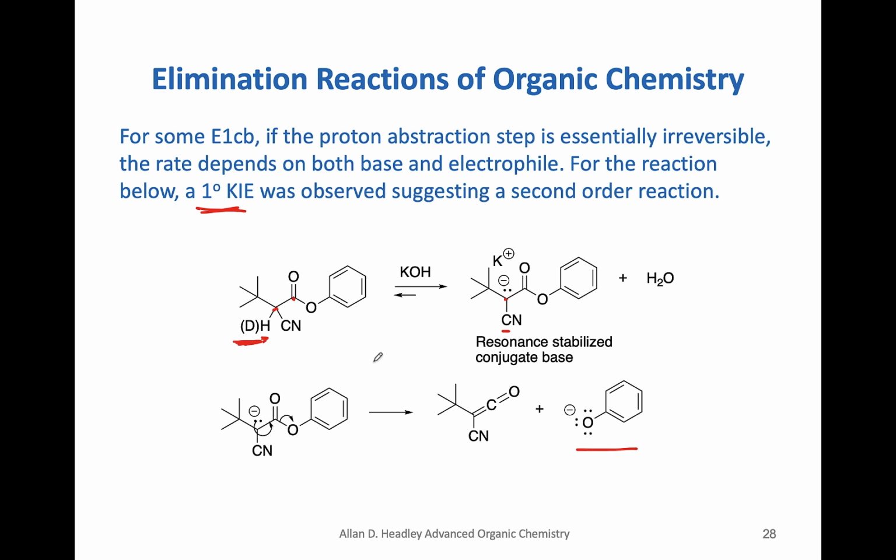So again, you would have to exercise extreme care by looking at the reaction conditions and the experimental results to determine which step of the E1CB is the rate determining step, because it depends on the nature of the electrophile here and the reaction conditions such as solvents and type of base to determine which is the rate determining step for the E1CB.